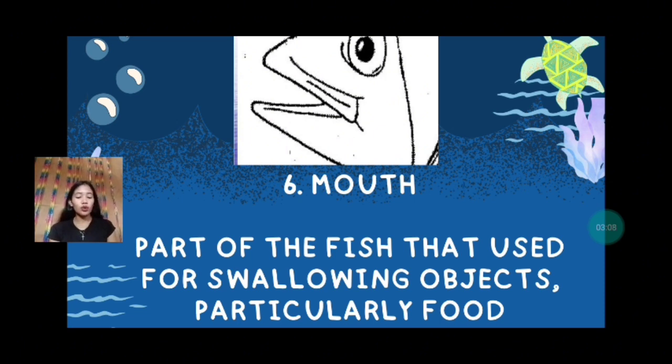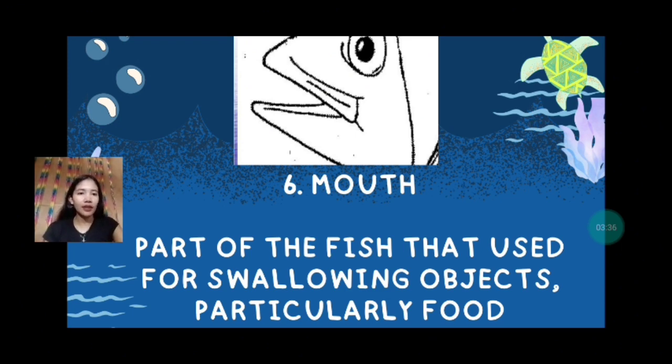It is used to capture and consume food, allowing the fish to obtain nutrients for survival. Additionally, the mouth may be involved in courtship behavior and territorial displays, and in some species, it may play a role in respiration by allowing the fish to gulp air from the surface.